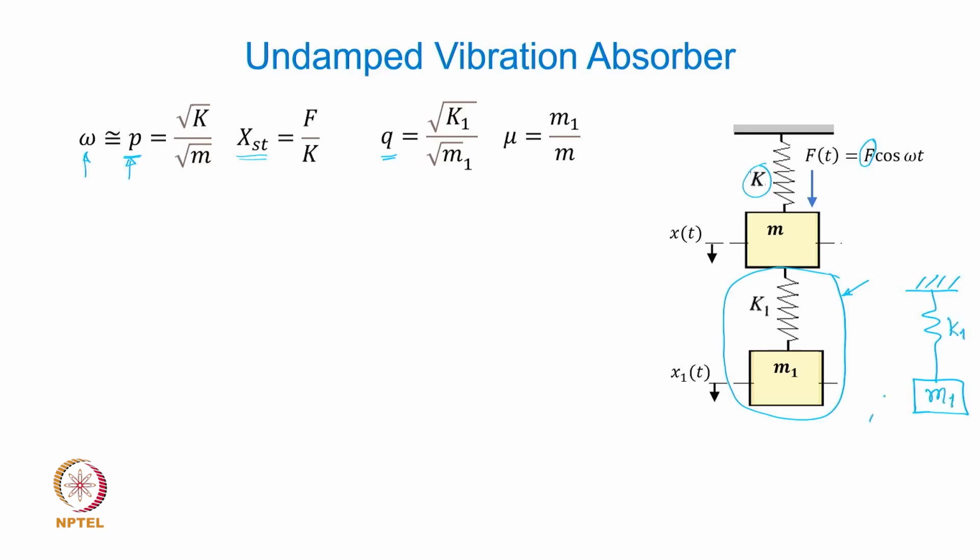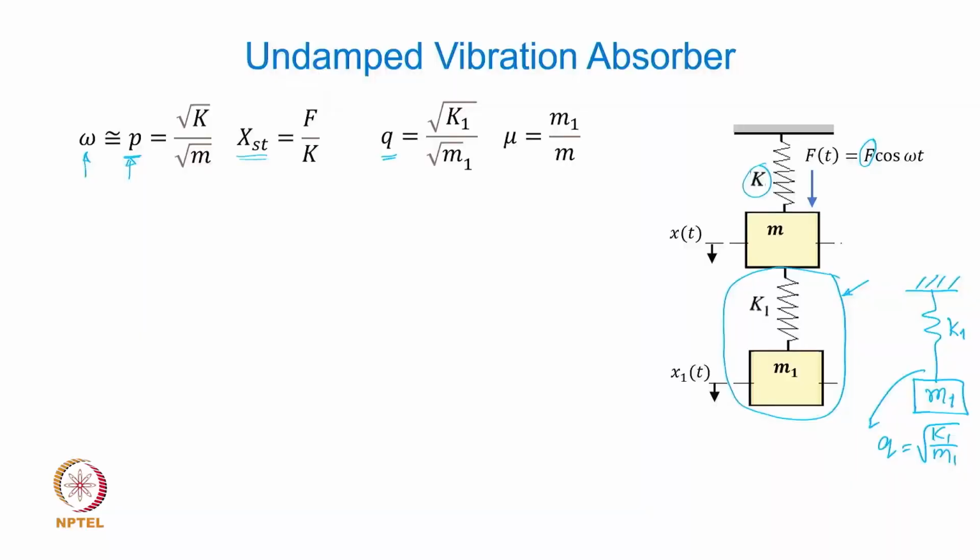The moment I attach, there is nothing like p and q separate, both of them together is now a 2 degree of freedom system which will have its own natural frequencies. So there will be p1 and p2, or omega n1 and omega n2, those two natural frequencies of a 2 degree of freedom system.